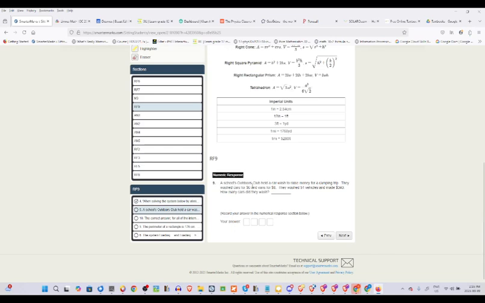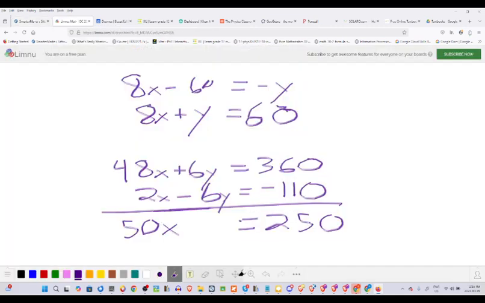So, school's outdoor club held a car wash to raise money for a camping trip. They washed cars for $6 and vans for $8. They washed 51 vehicles and made 340. How many cars did they wash? So there's cars and there's vans.